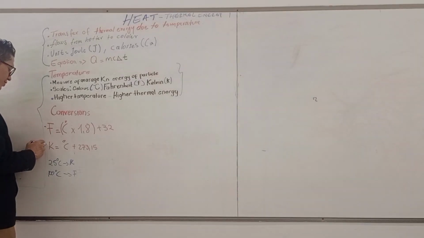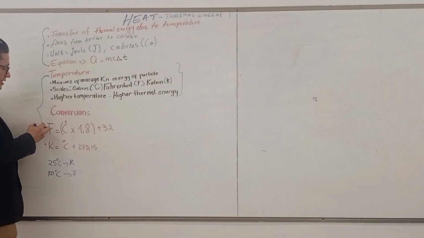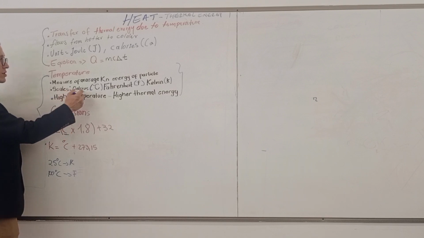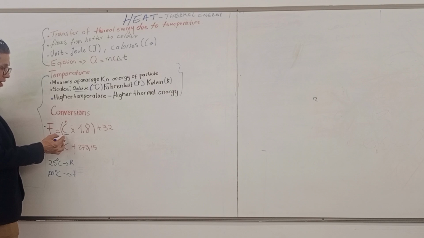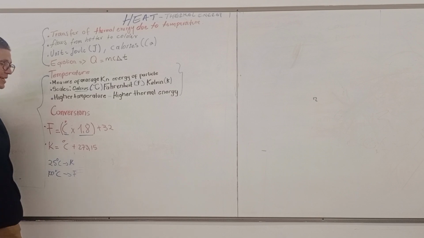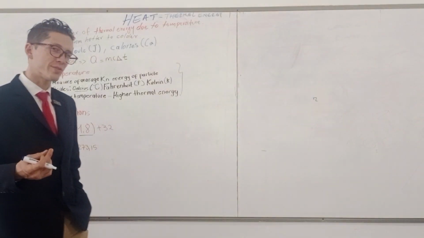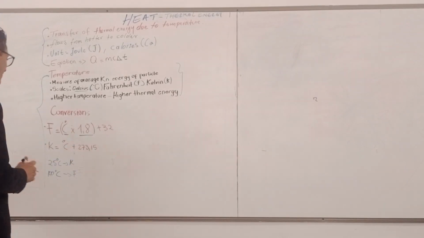The equations are here. This is the first equation. C is Celsius, how many Celsius, and here is a constant that won't ever change.